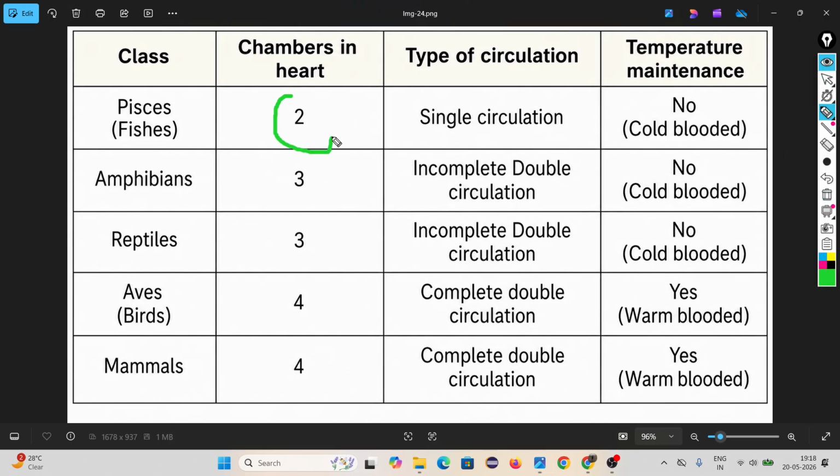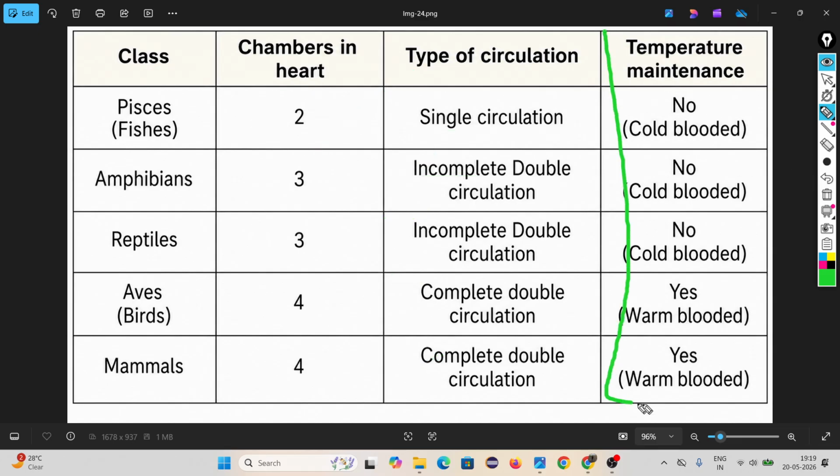If 2 chambers, then blood goes only a single time through the heart, that is called single circulation. In Pisces the type of circulation is single. In human beings, double complete circulation. In Pisces single, in amphibians incomplete, in reptiles incomplete double circulation.